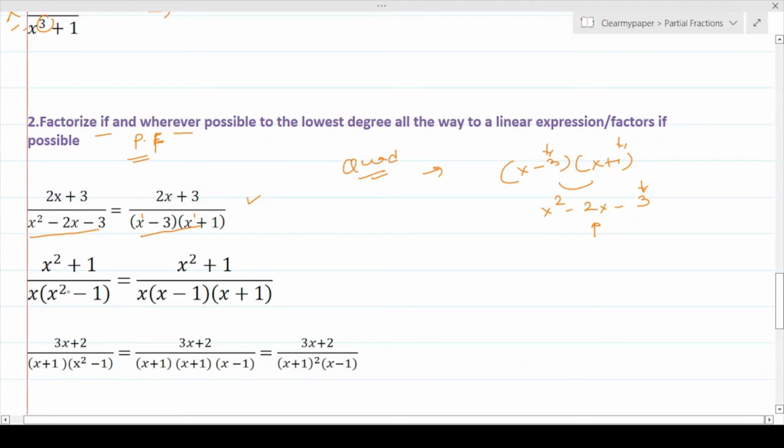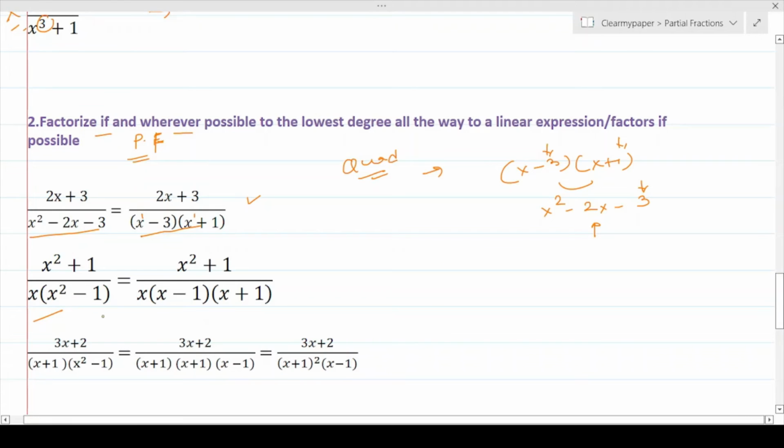Let's talk about the second one, where we have x square plus 1 in the numerator. Again, this is quadratic and we cannot factorize that. But like I said, most of the time it's the denominator you need to focus on. In the denominator, we have two factors: x, and x square minus 1 within the bracket.